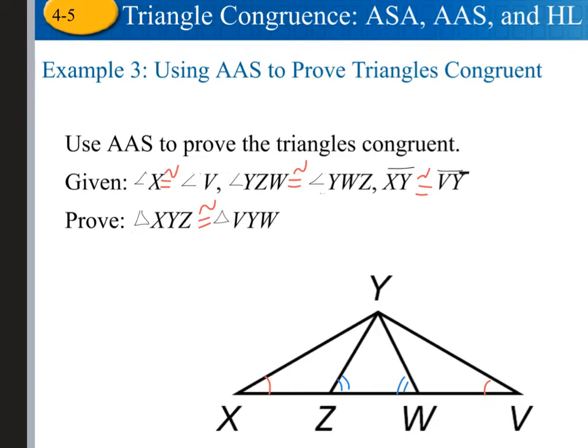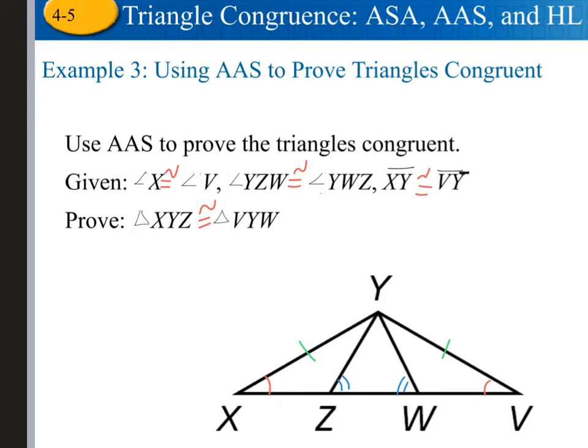And then we have side XY is congruent to side VY. So XY is here and VY is here, and those are congruent. So I put a green tick mark on those. And I want to show that triangle XYZ is congruent to VYW.